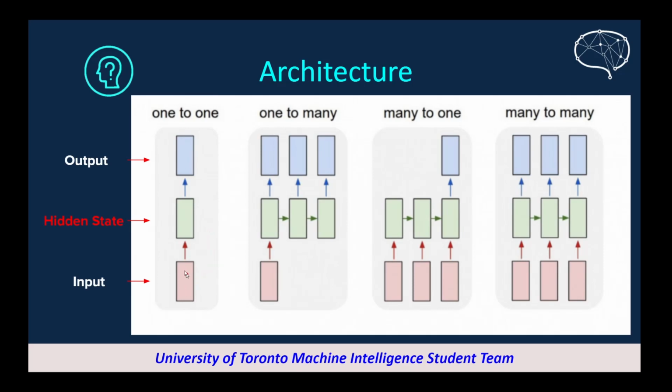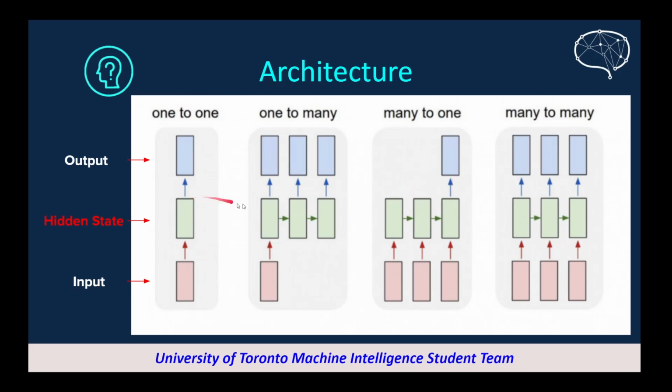So we know the input and output here. The green boxes in the middle are called the hidden states. And this is the most important part in the RNN architecture, because these hidden states will process the information from the inputs and from the previous iteration together, and produce this output.